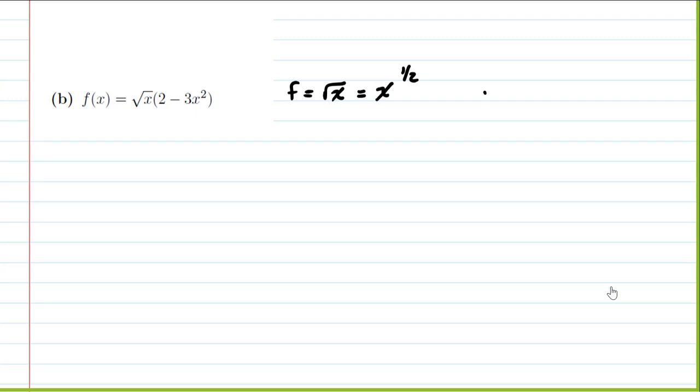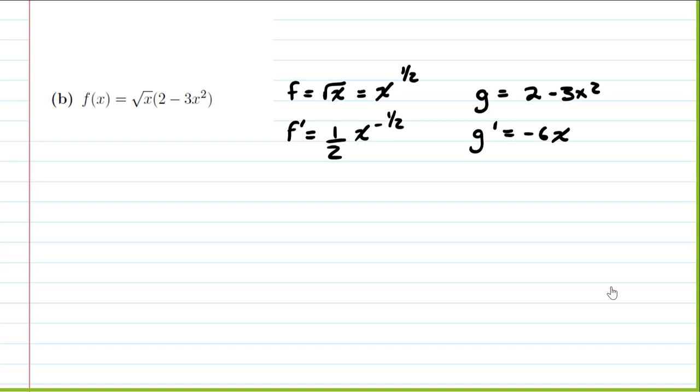We then have g of x is what's left over, so that's 2 minus 3x squared. We take our derivative, so f prime is going to be 1/2 x to the negative 1/2, and g prime is going to be negative 6x.